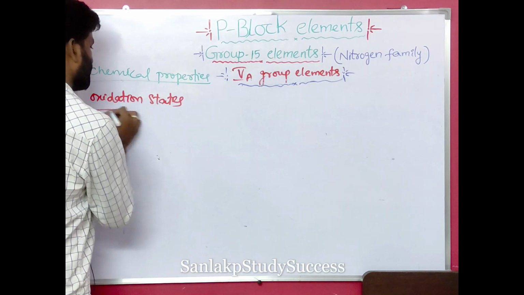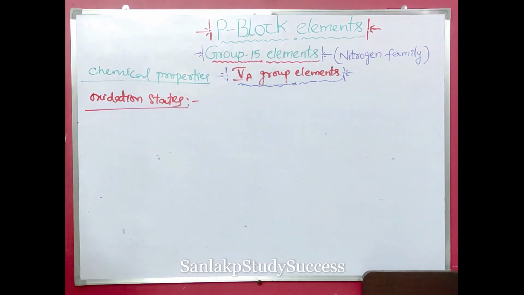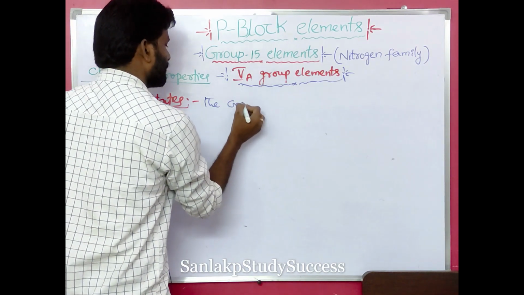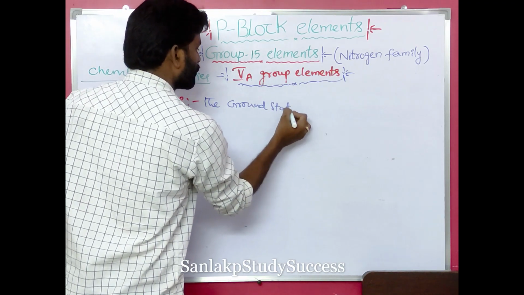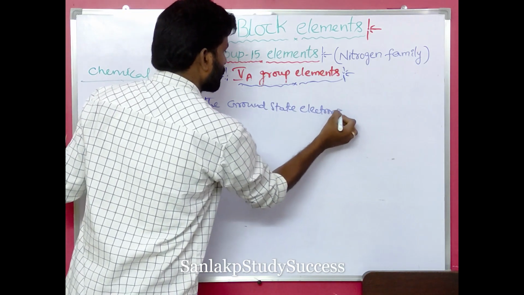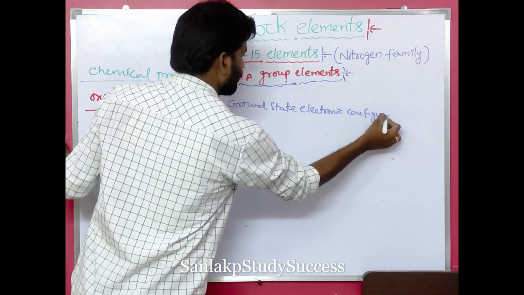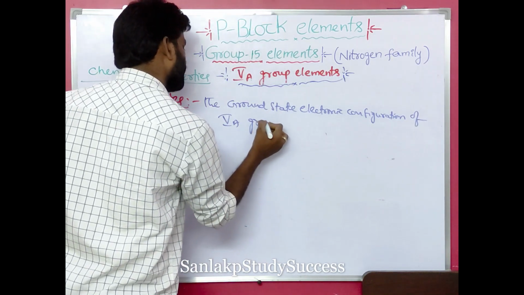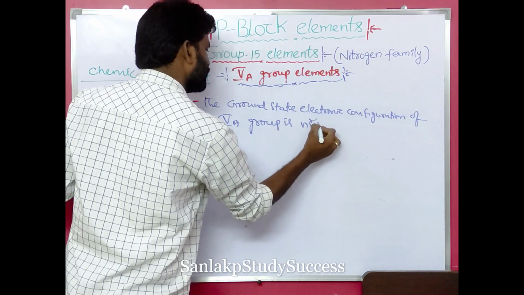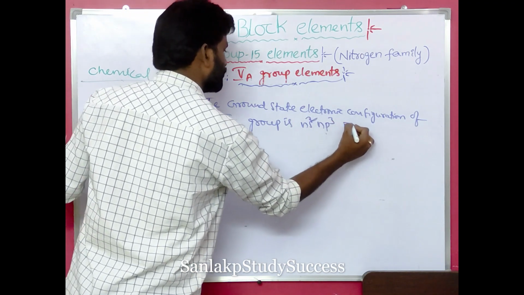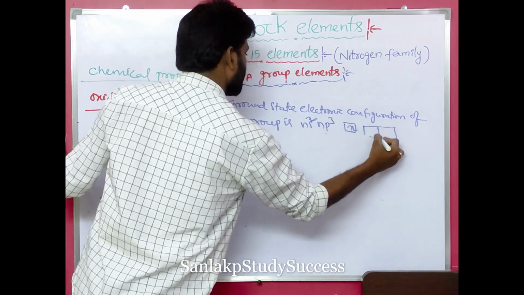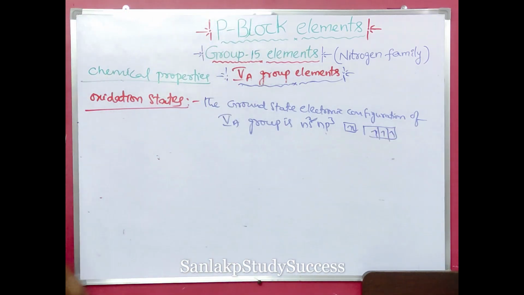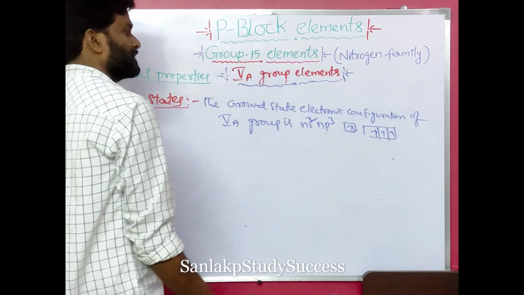The ground state electronic configuration of group 15 elements is ns2 np3. It contains 3 unpaired electrons.